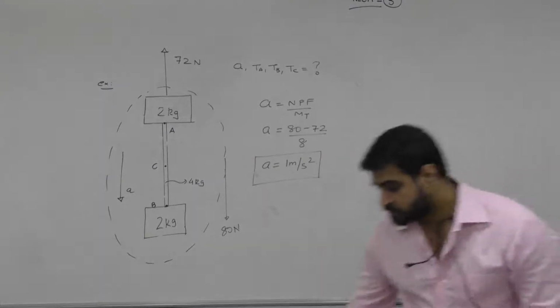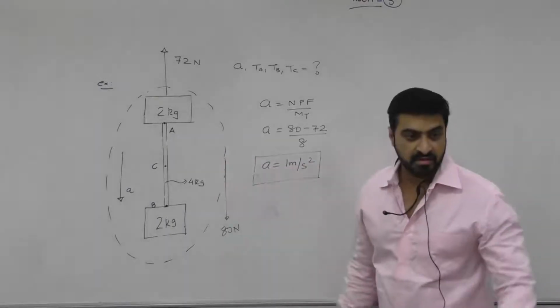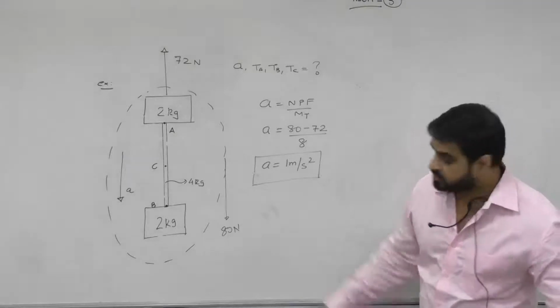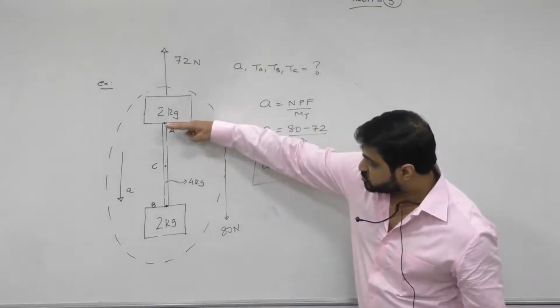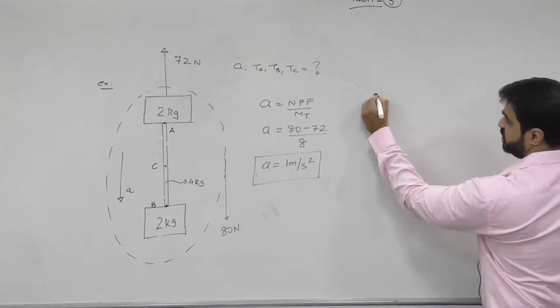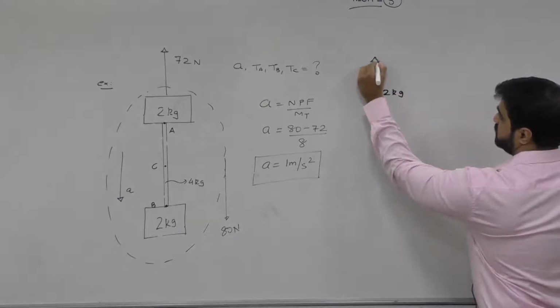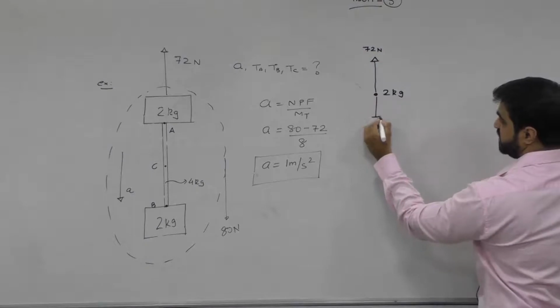Look now. To find tension at A, cut the rope at A. So how will be the free body diagram of this? It's 2 kg. 72 up. Where's the direction of tension?